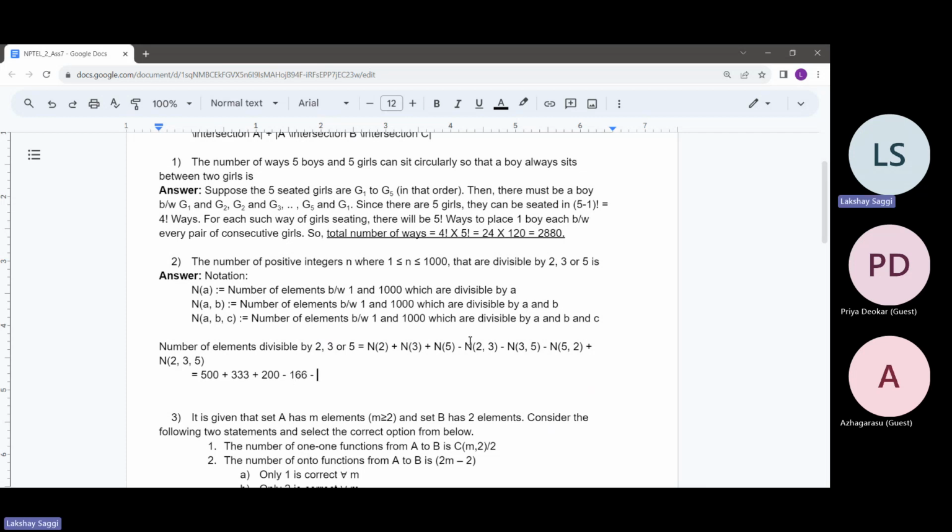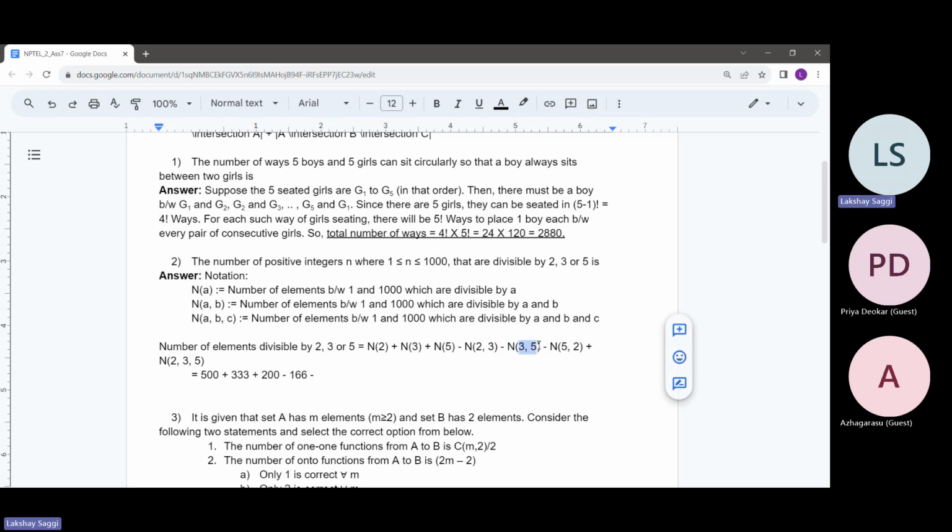And similarly, n of 3 comma 5 will be the number of elements between 1 and 1000 which are divisible by 3 as well as 5. So essentially the numbers which are divisible by 3 times 5, which is 15. The elements divisible by both 3 and 5 are precisely the elements divisible by 15.